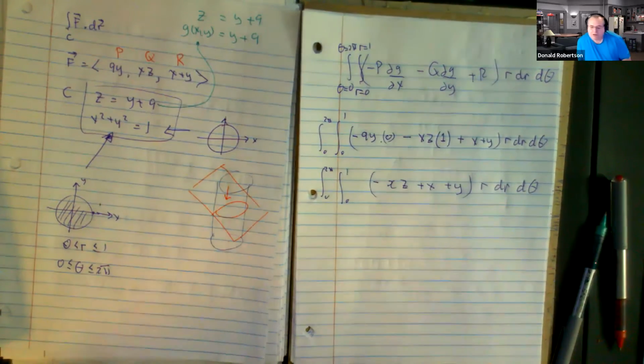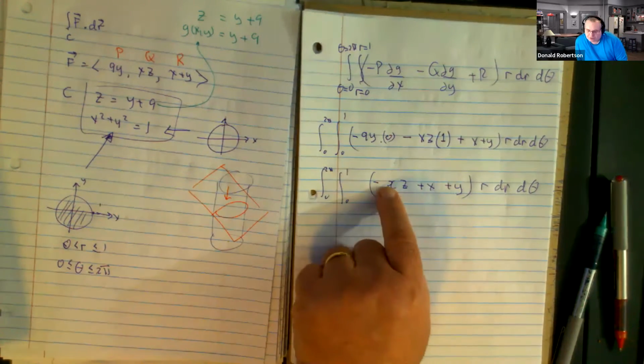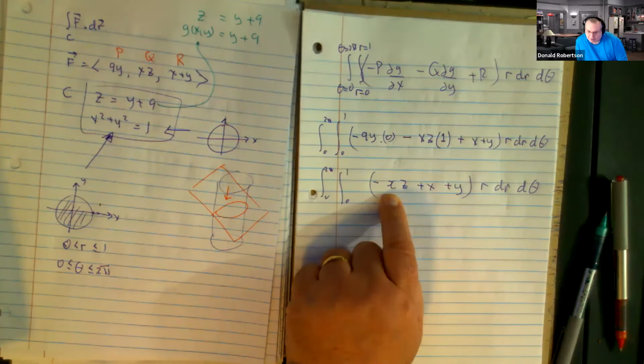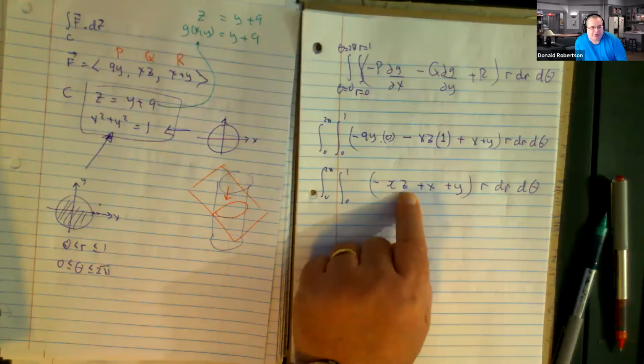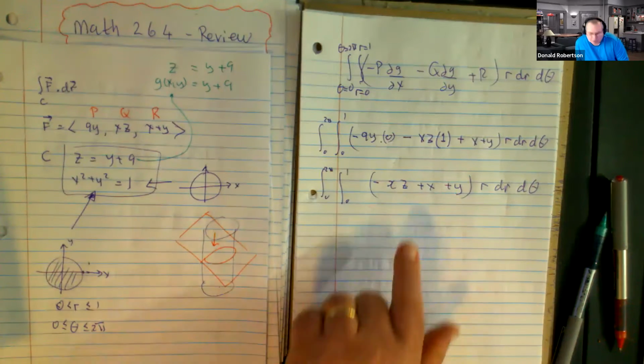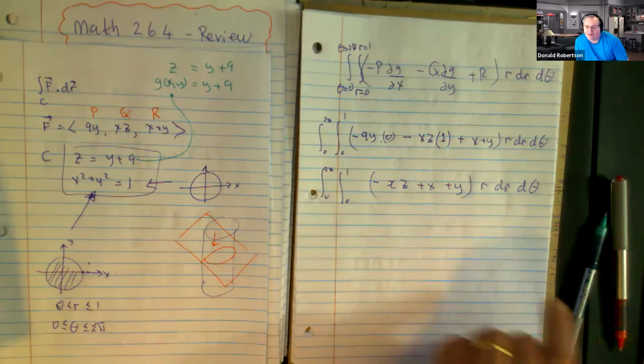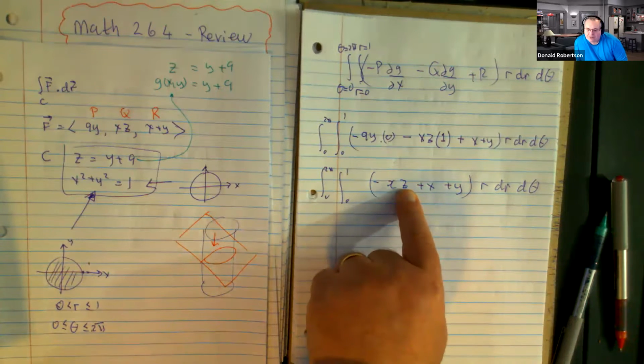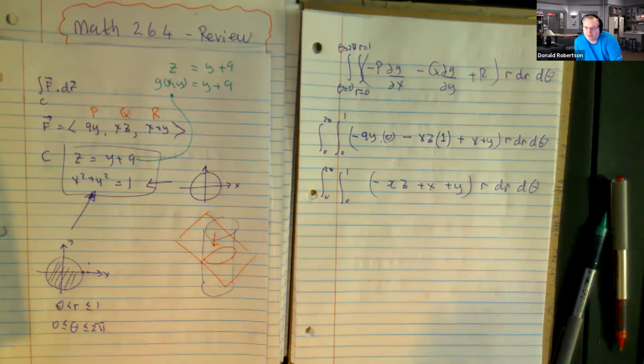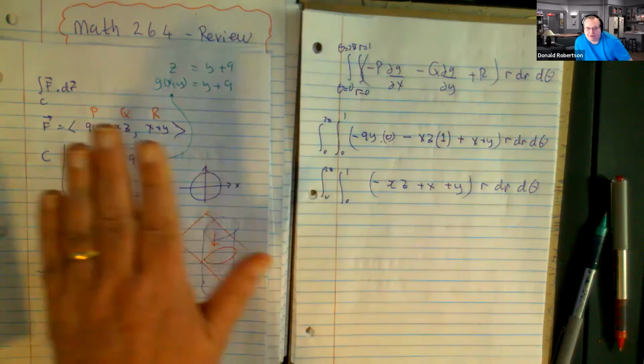My goal is now to turn all of this into r and theta. But I have one little awkwardness, which I need to take care of. Don't I have a z? And it's not uncommon to have z's. That z has to be turned into x's and y's, and then I can turn everybody into r's and thetas. So what is z equal to in terms of x and/or y? It's over here somewhere.